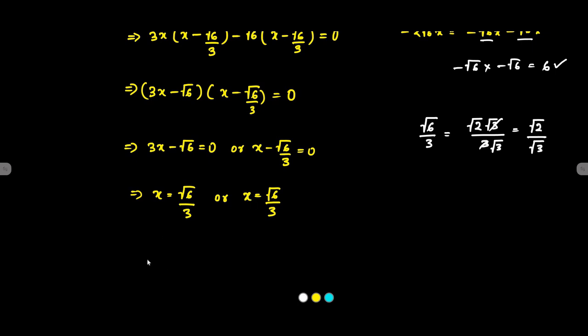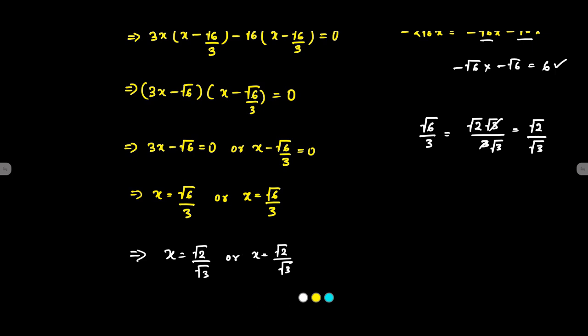So here the value of x is equal to root 2 by root 3, or x is equal to root 2 by root 3. Okay, same values. So x is equal to root 2 by root 3 or root 2 by root 3. So this is the solution of the given quadratic equation.